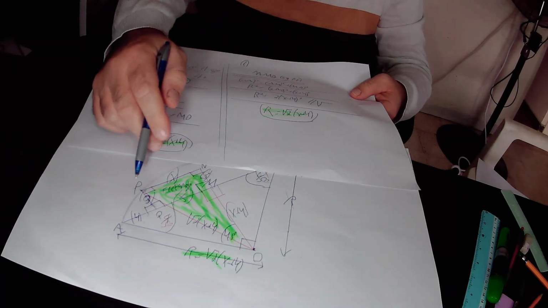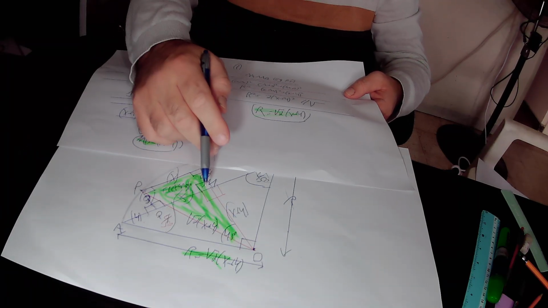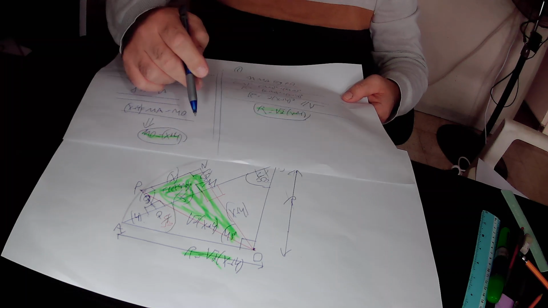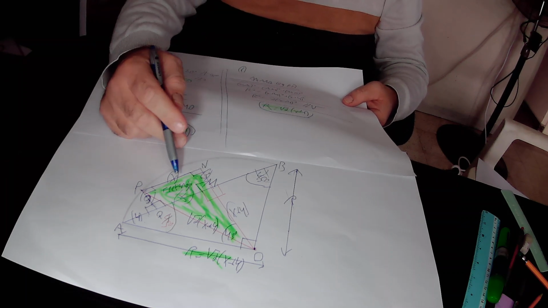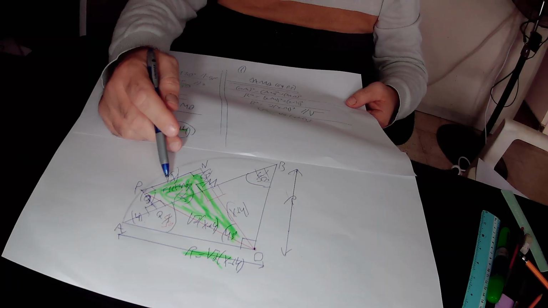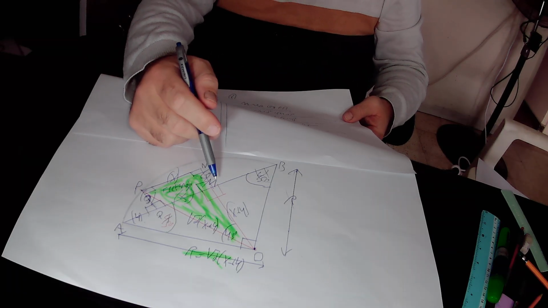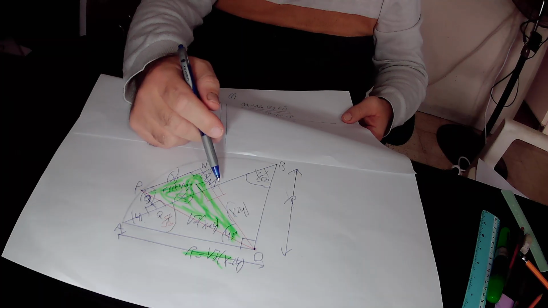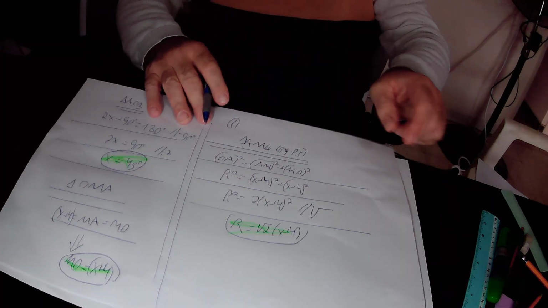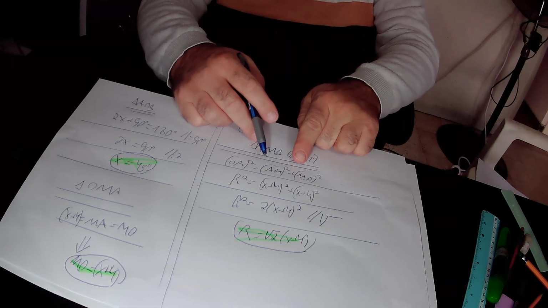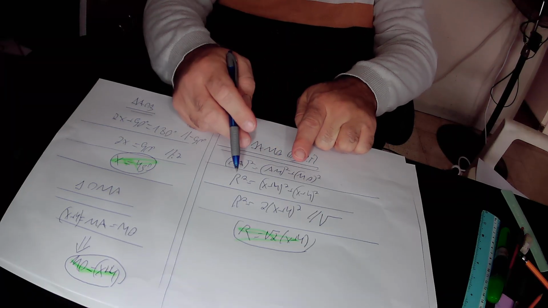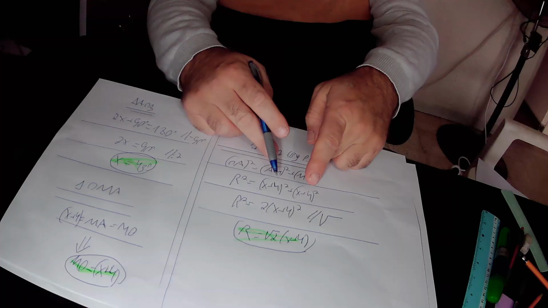OA is the radius of this quarter circle, that is R, therefore OA squared is R squared, and it equals AM squared plus MO squared. AM is x plus 4, therefore AM squared is x plus 4 squared. MO is also x plus 4, therefore MO squared is x plus 4 squared. So in total, R squared equals x plus 4 squared plus x plus 4 squared, so R squared equals 2 times x plus 4 squared.